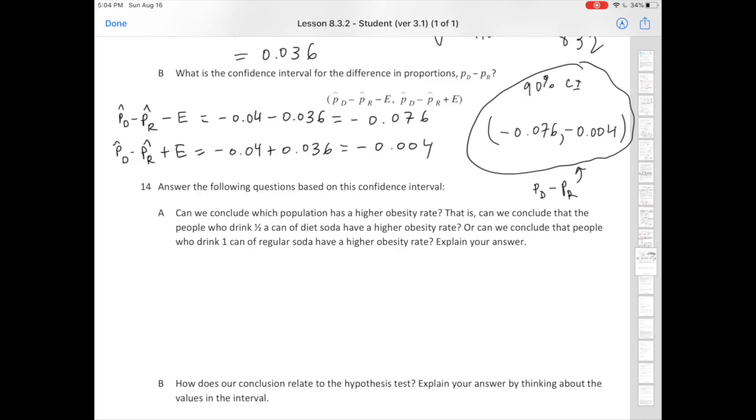Okay, so I want you guys to pay attention to this confidence interval. Does it ever cross 0? The answer is no, because it's negative the entire time, right?